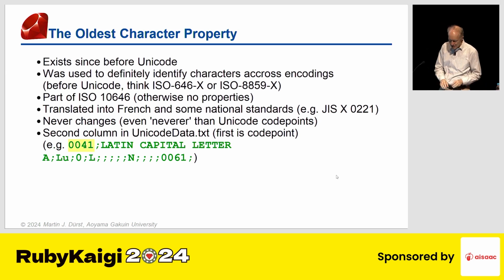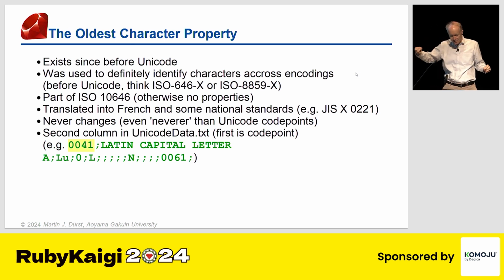Okay. What isn't written down anywhere in the Unicode standard, but what I figured out when I worked on this, is that the name property is the oldest character property. It exists since before Unicode. It was widely used to definitely identify characters across encodings.